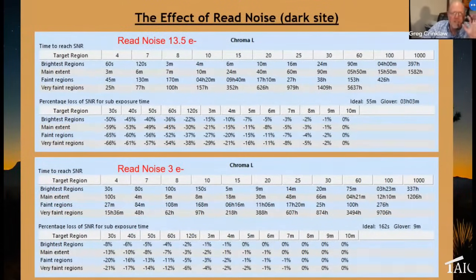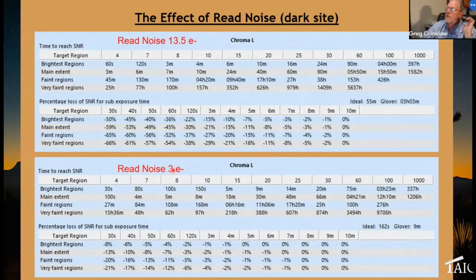So moving on, the effect of read noise. How does that affect our results? I think everybody can read that. This one, we just took the same exact imaging system.